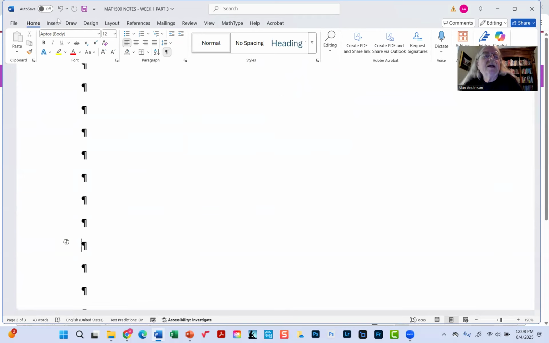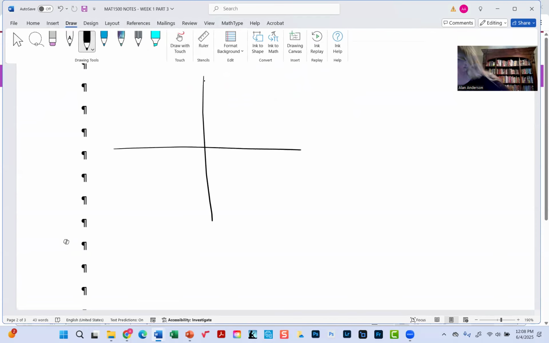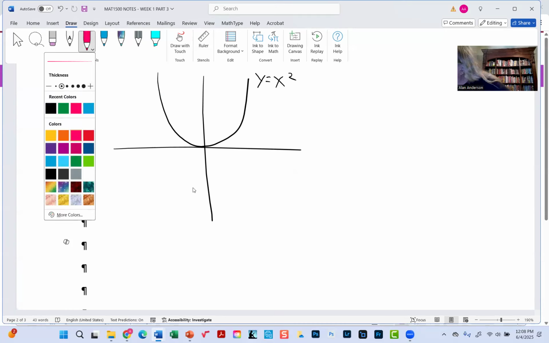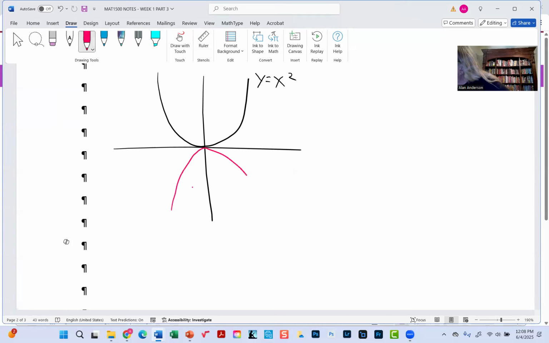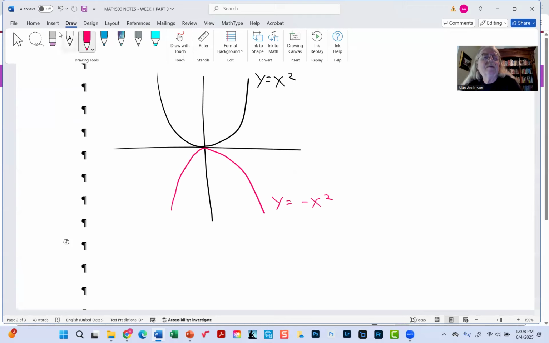Okay, so again, going back to the original function, if I multiply that by -1, it's not a perfect drawing, but it's supposed to be a mirror image from top to bottom. Maybe I can tighten that drawing up a little bit. All right, that's better.